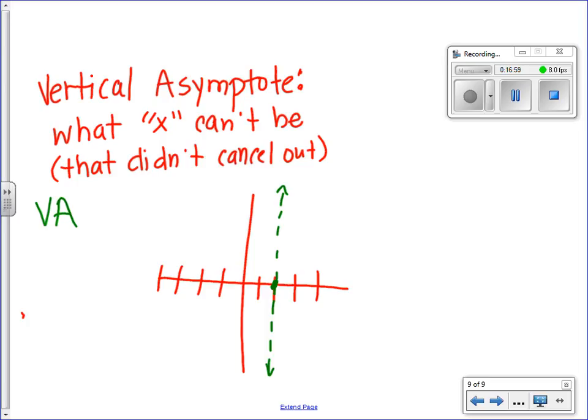How do we determine what x can't be? When we just did domain on 1 through 8, where did we go to find out what x can't be? Back to the denominator.